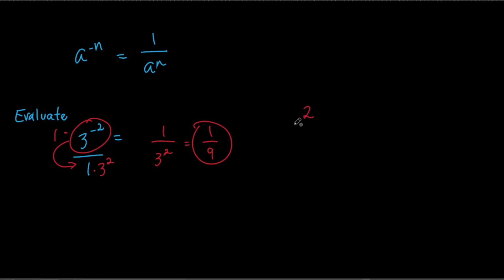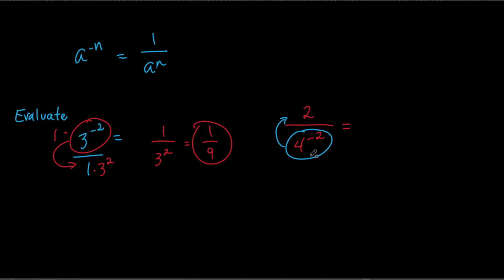What if it was down the bottom? What if it was 2 over, I don't know, I'm just making this up, 4, I'll keep it easy, to the negative second. What if I asked you to simplify that? Well, what do I do? I flip it, because I got a negative exponent, right? So I take this, and I flip it to the top.